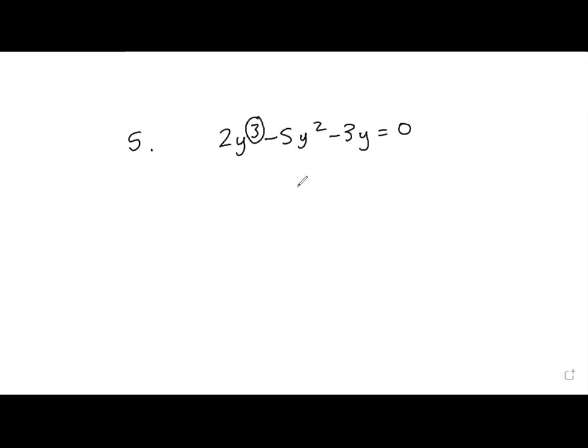So now this is something different. It might call them A, B, C, and D this time. So the term in front of y to the third is 2. Y squared would be negative 5. And y is negative 3. So we would have to have a fourth one that's going to be 0. It's just because we don't have an added term there.